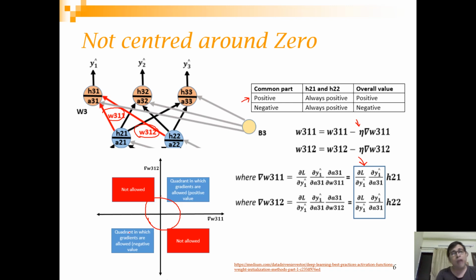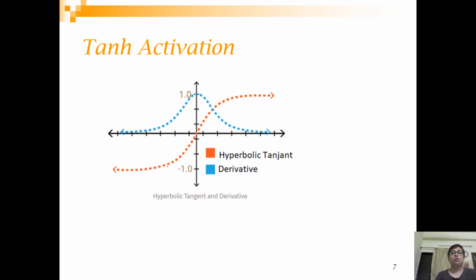Now let's look at another function which is very similar to a logistic function. You can see that this is a little more stretched out. It is not from 0 to 1 anymore, but between -1 and +1. So this is nicely centered around 0 and doesn't suffer from the problem that we just discussed. There is also another thing.